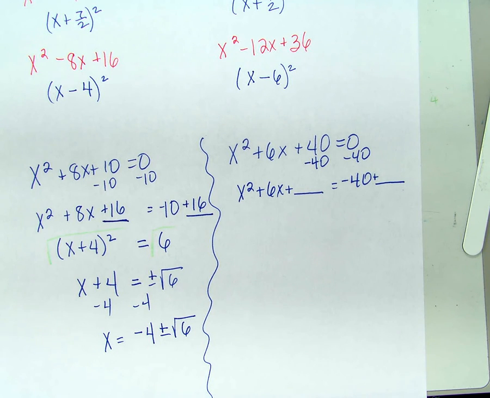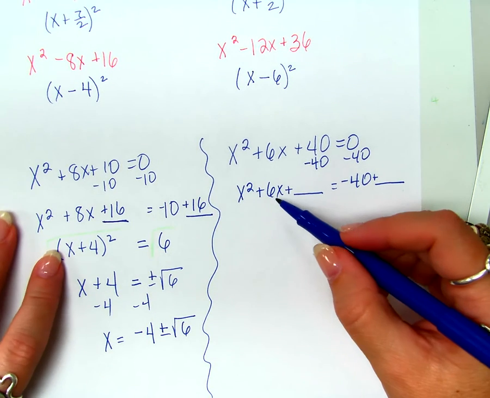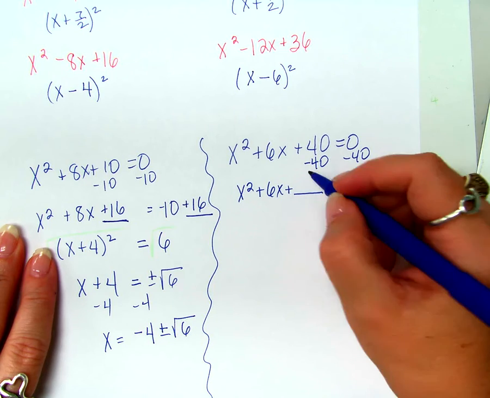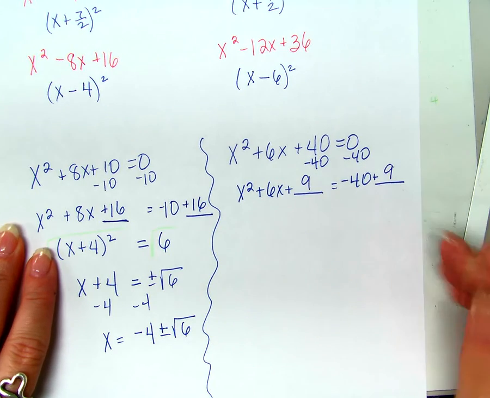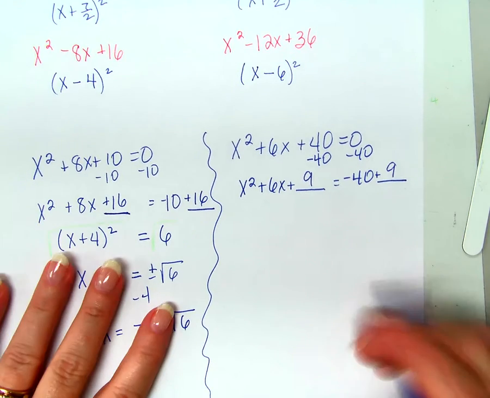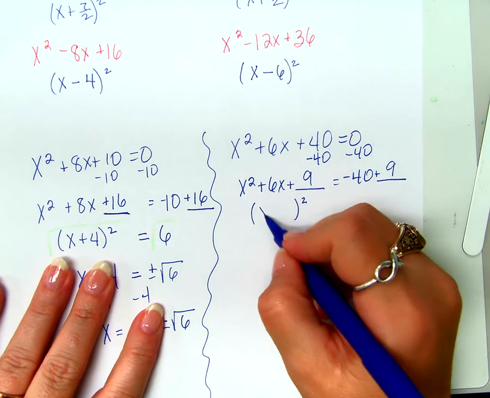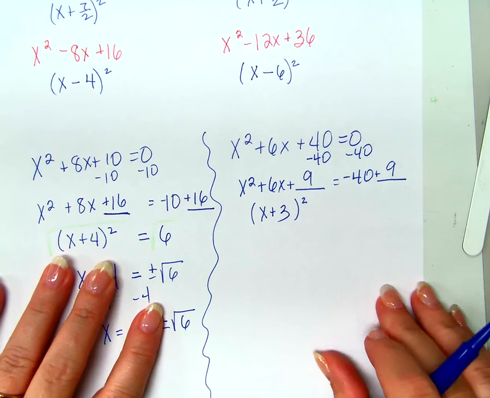Okay? So tell me what's going to go in the blank. So 6 divided by 2 is 3, and 3 squared is 9. Both places, right? Okay, so what's my binomial? X plus 3. What does it equal?